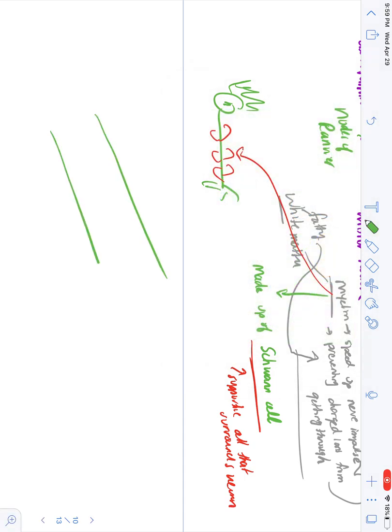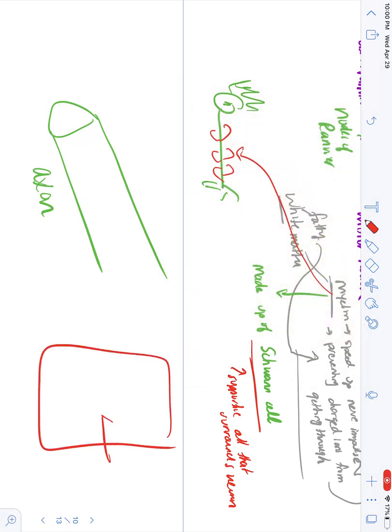So imagine here's your axon right here, and the axon is surrounded by a Schwann cell. Imagine the axon being like the toilet paper roll, and the Schwann cell is the actual paper.